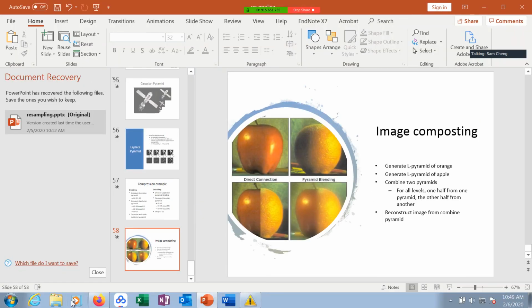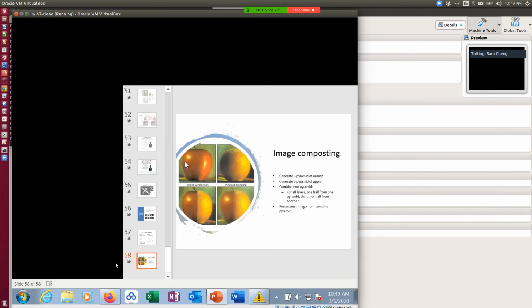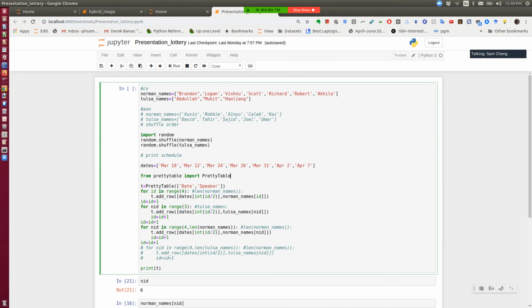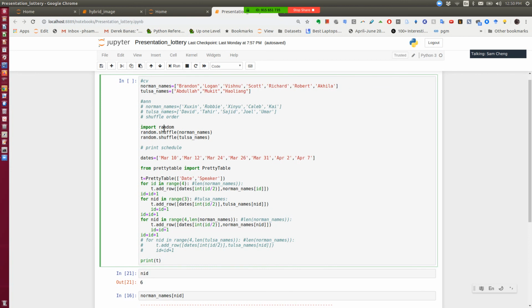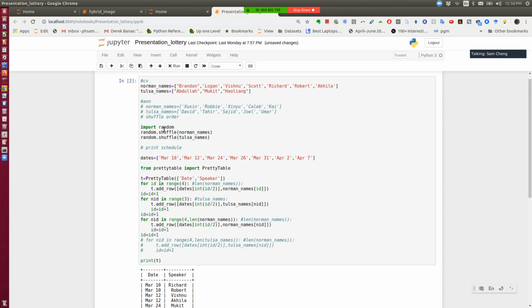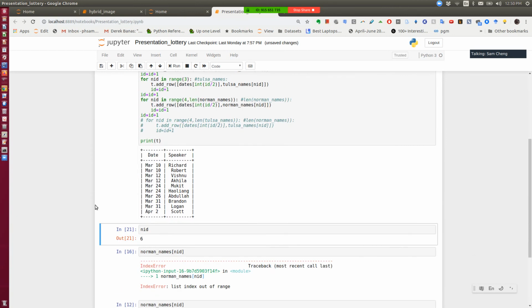Oh, okay. First thing, before I forget, I set a lottery for presentation. For this kind of lottery, I hope it can have some kind of delay, it would be pretty nice, but it's always you click and then it just gives me the table right away. So okay, this is the order. You're early.